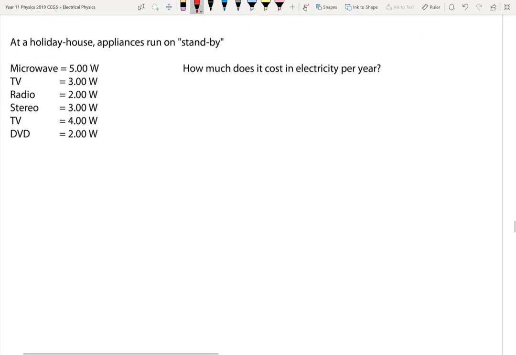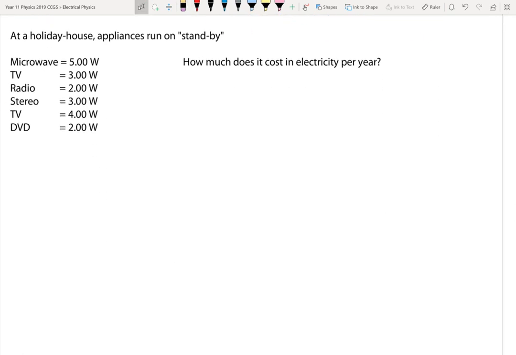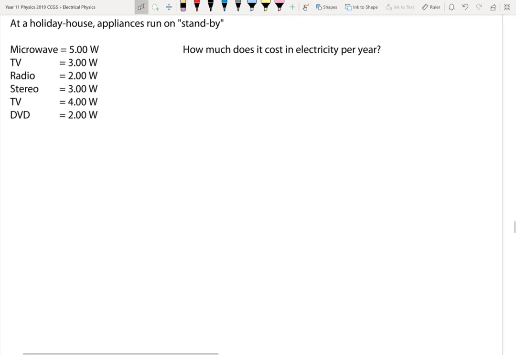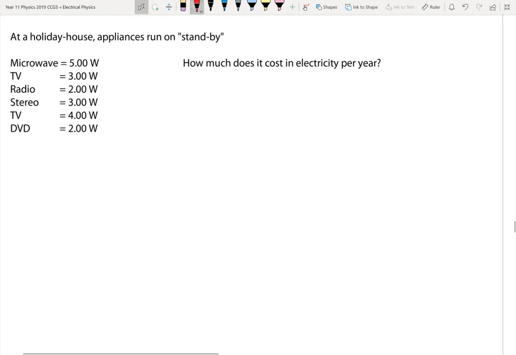Okay. Next, if you have a holiday house, and this is appliances that have a standby mode, they're still switched on, they're still activated, power's still running through them. Some of these things might be looking for a remote control to control them, so they've got a little sensor that's constantly looking for infrared.